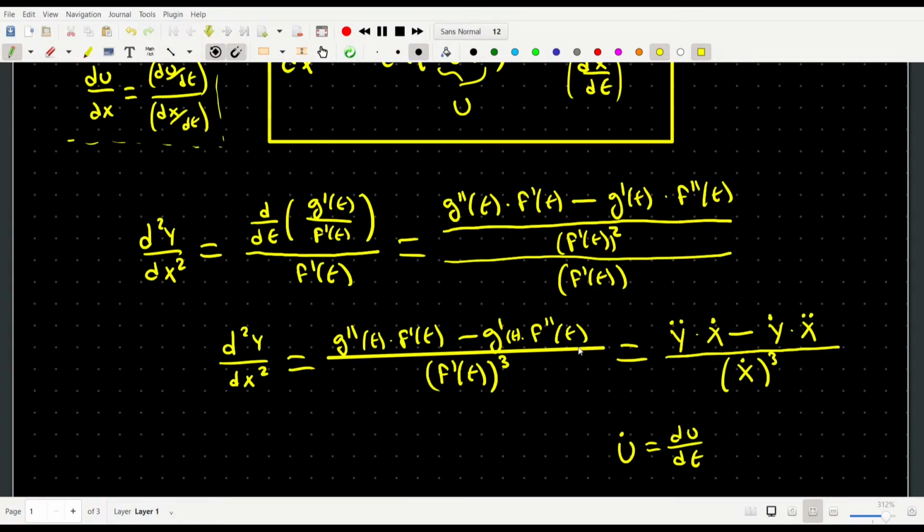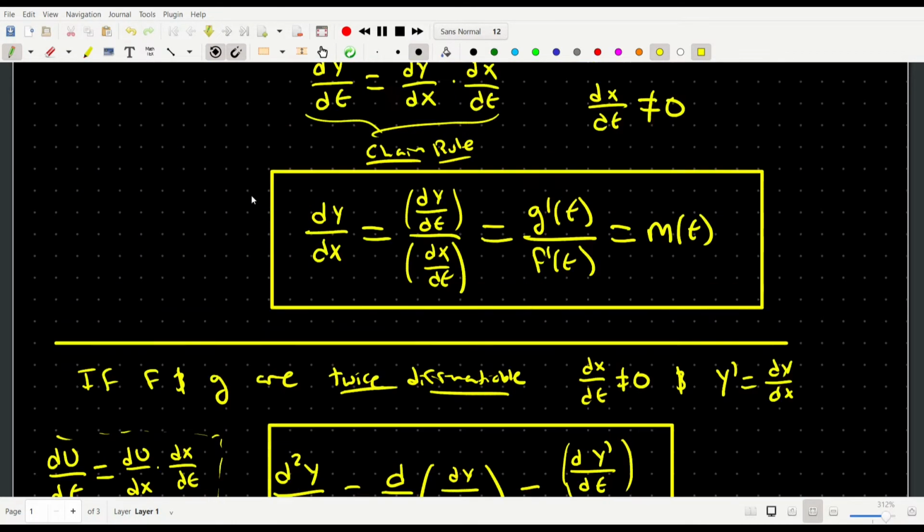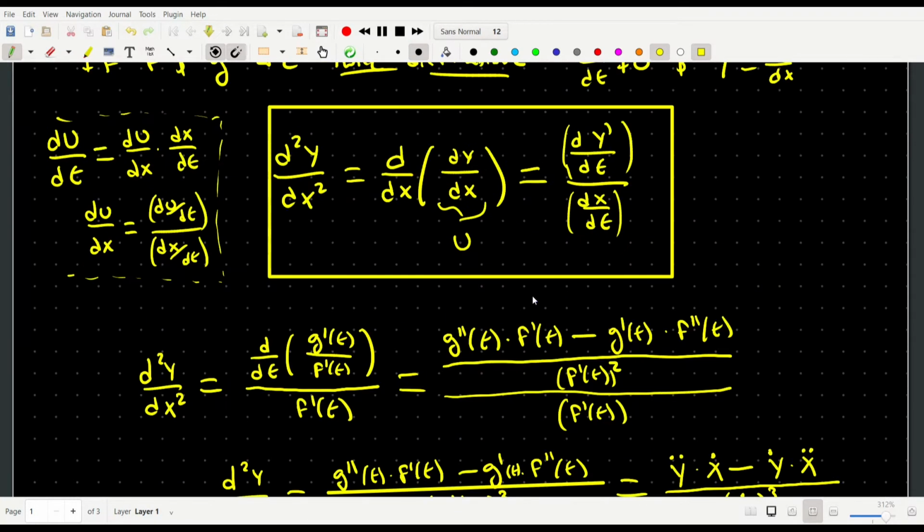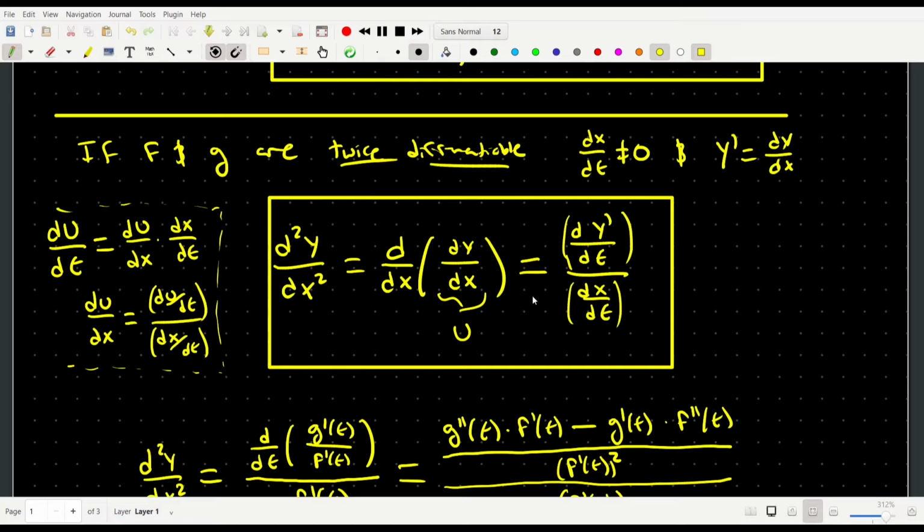So it's definitely not expected that the second derivative is going to have this relationship to the second derivative and the first derivative of the parametric equations x and y of t. But it's pretty neat that this works out like this.